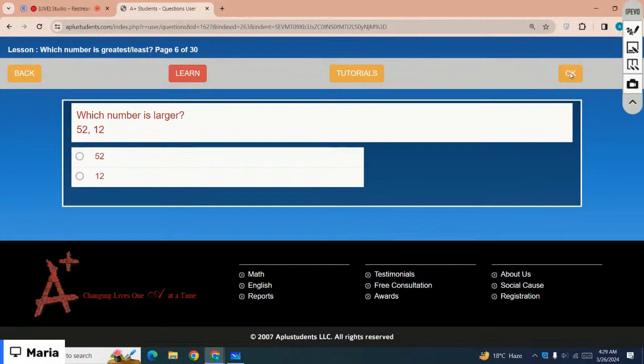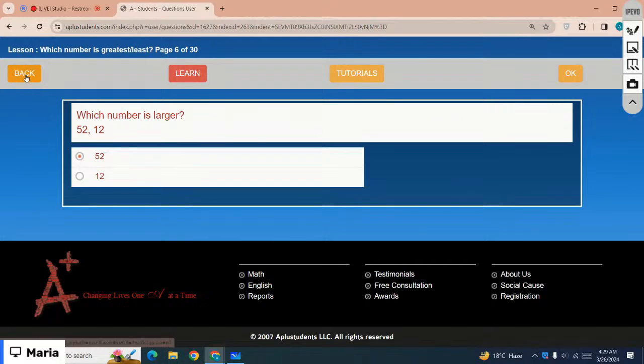Which number is larger? That is 52, right? The correct option is 52.